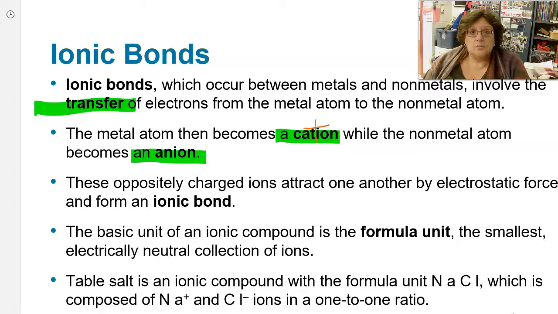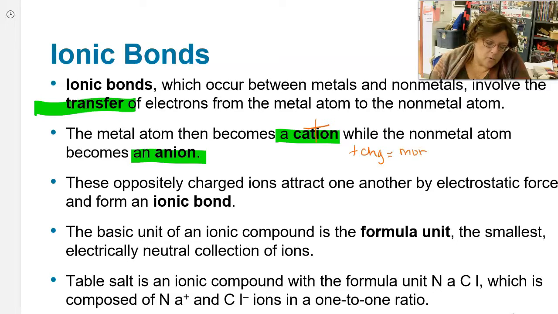So cations are positively charged. Positively charged means that you have more protons than electrons. Negatively charged means that you have more electrons.